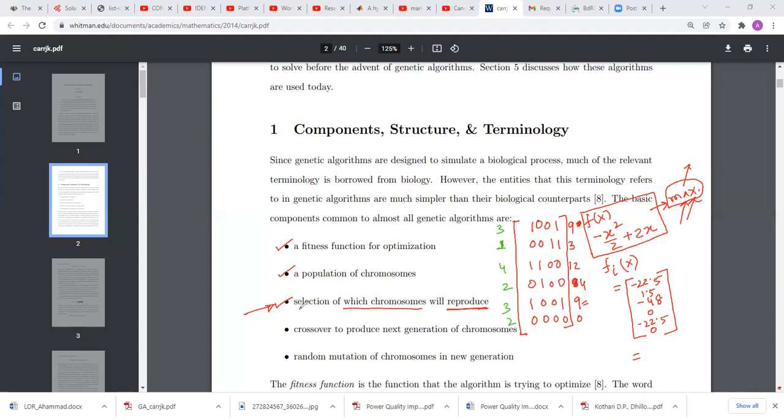So we were discussing how do you select the chromosomes which are going to take part in generation of the next progeny. The chromosomes that will take part in generation, or we call it reproduction, are known as the parent chromosomes.